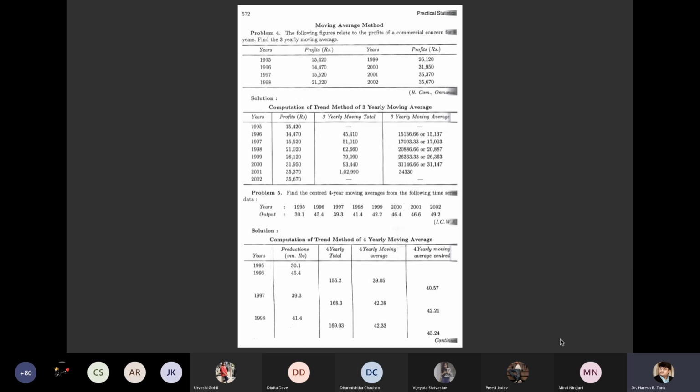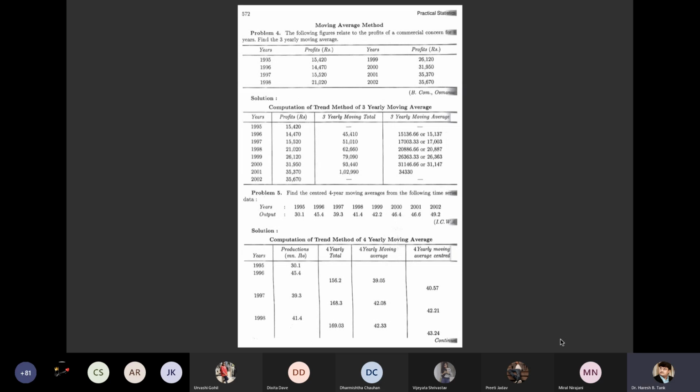Now, instead of making a bunch of 3, since it is a 4-yearly moving average, you have to make a bunch of 4. First of all, rewrite the data set in column format. But whenever a 4-yearly moving average is to be found, what I suggest is to put a blank line in between each of the years.